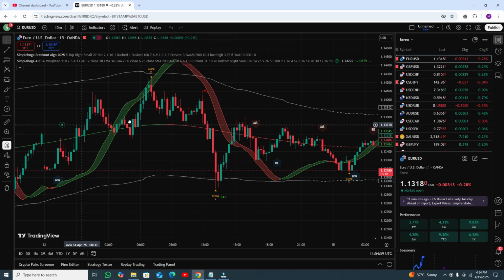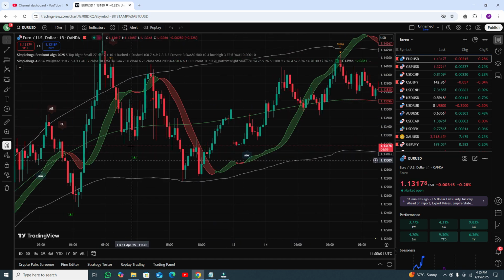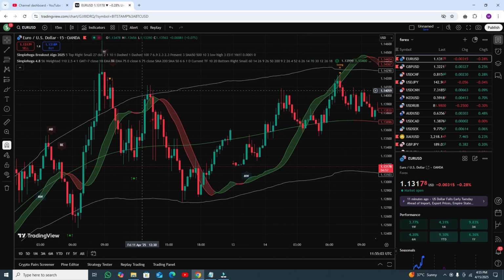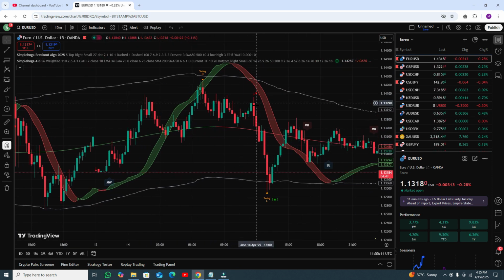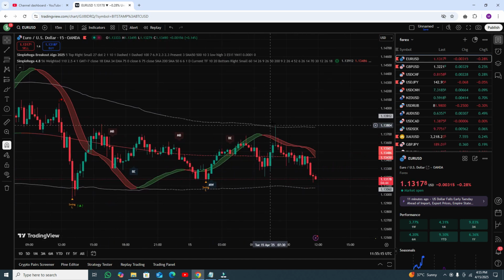Here you can see we got the breakout buy signal, and you need to target the upper band line like this one. Here you can see breakout sell signal, and you need to target the lower band line like this one. Here is another signal, and you got the profit. This is a breakout buy signal, and you can see your target achieved at this point.